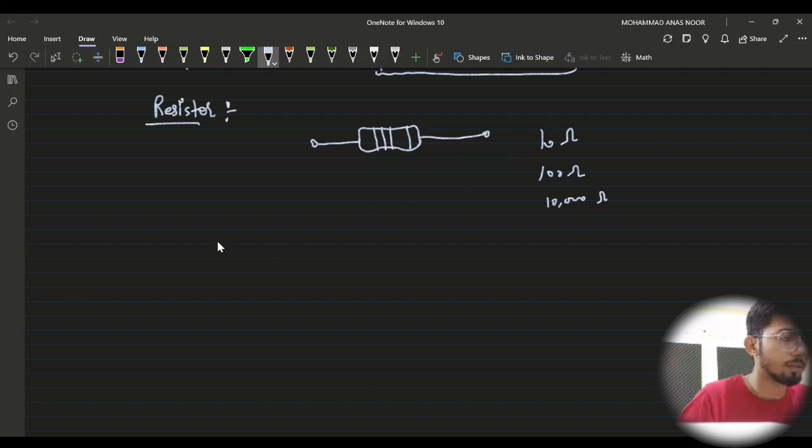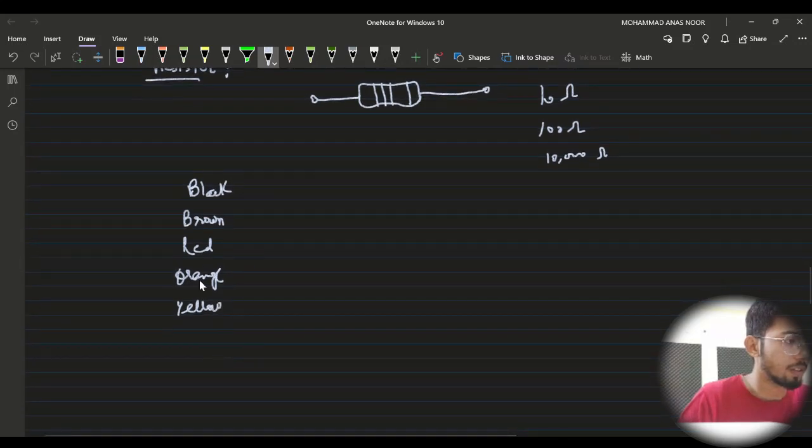So the table is black, brown, red, orange, yellow, and then green, blue, violet, gray, white.